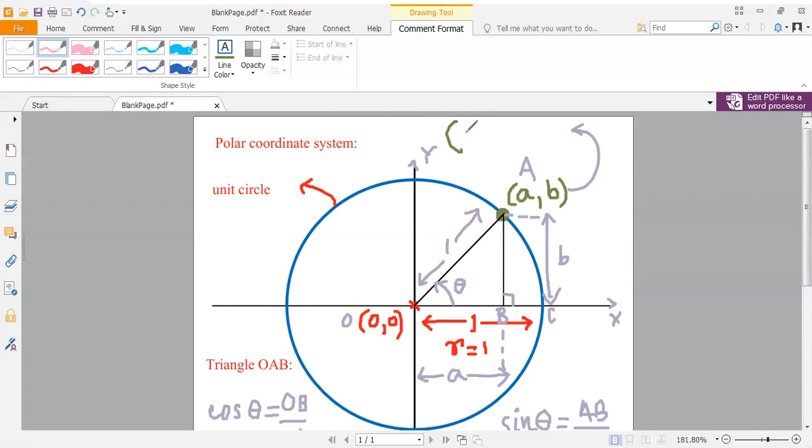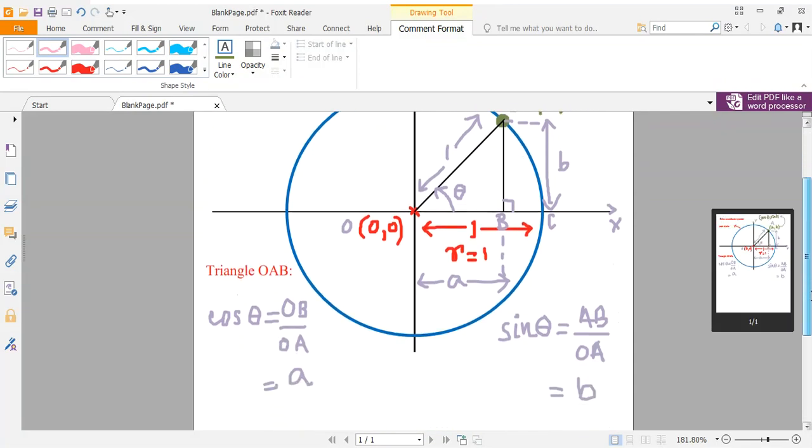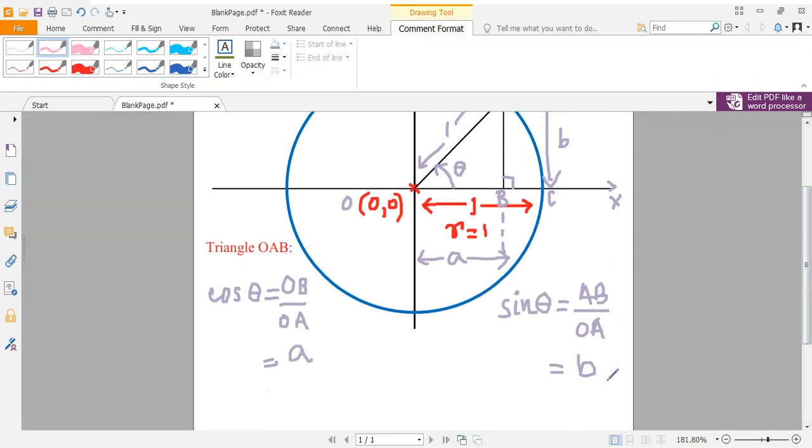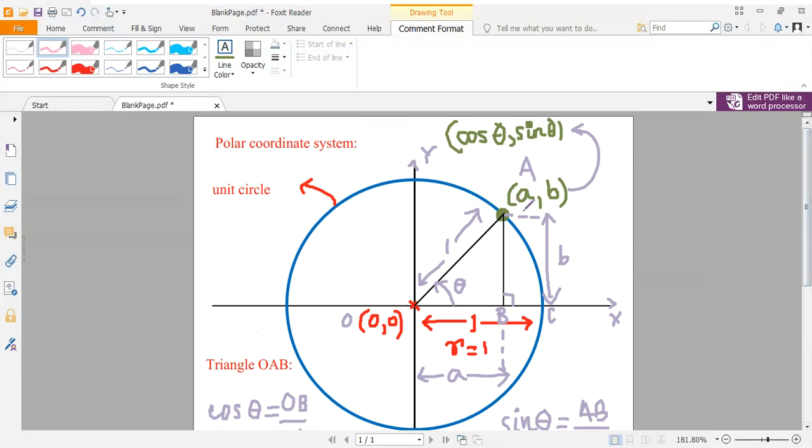Can I not write this as cos theta, comma, sine theta? Because for a unit circle, A is equal to cos theta and B is equal to sine theta. So I can replace A with cos theta and B with sine theta. That does not change any analysis.